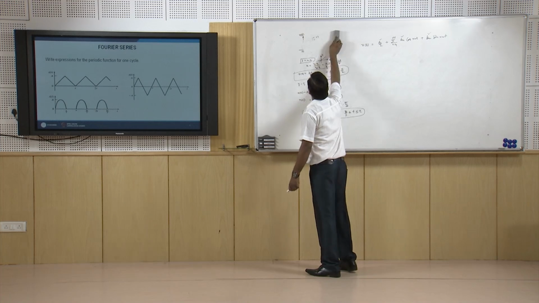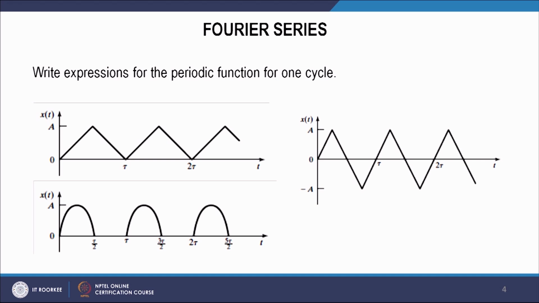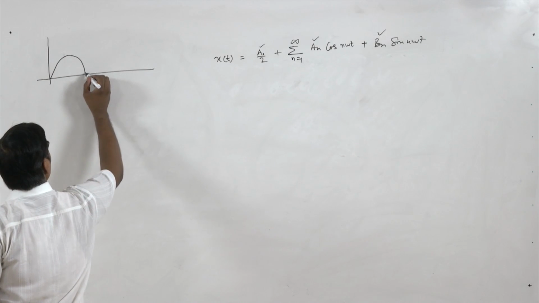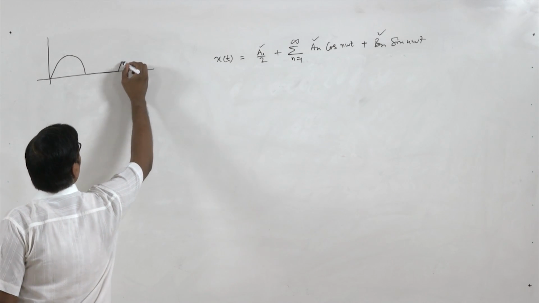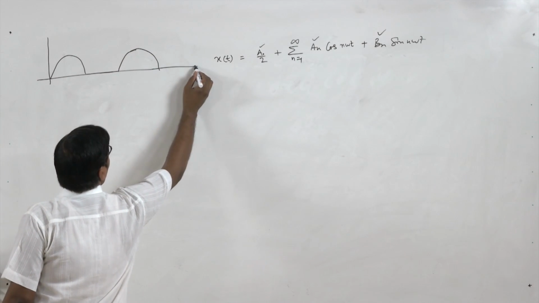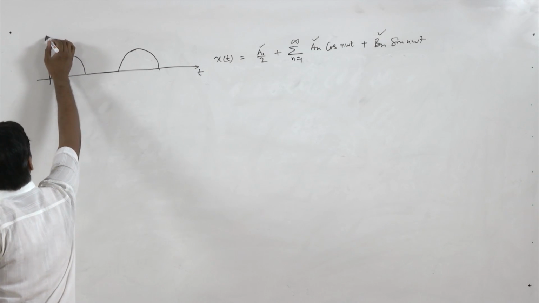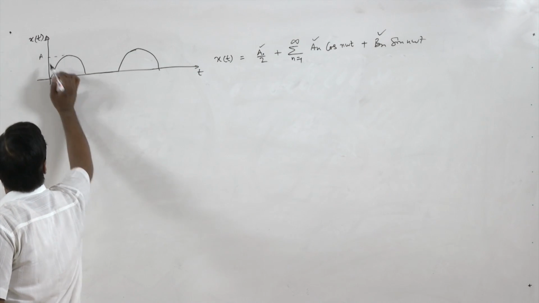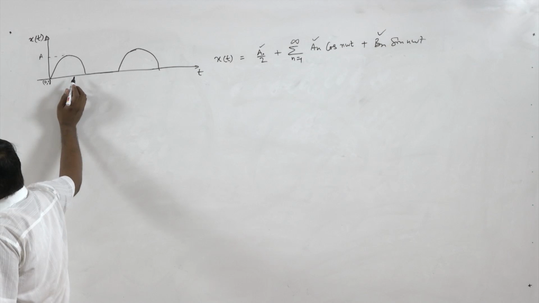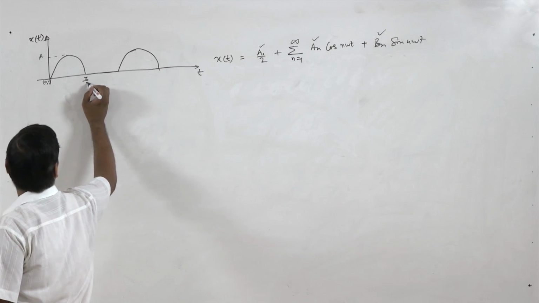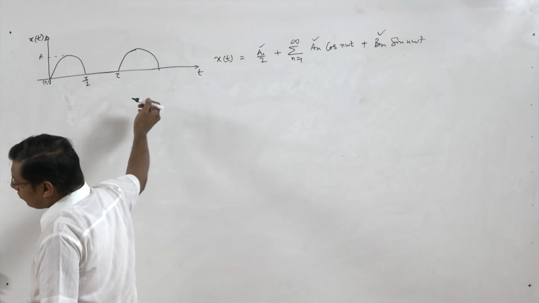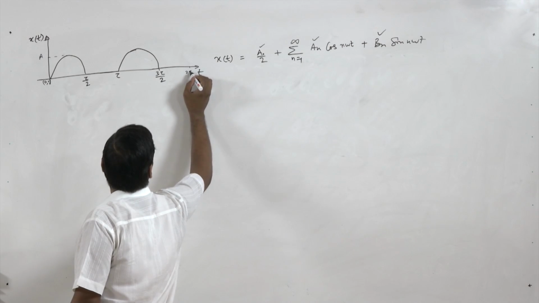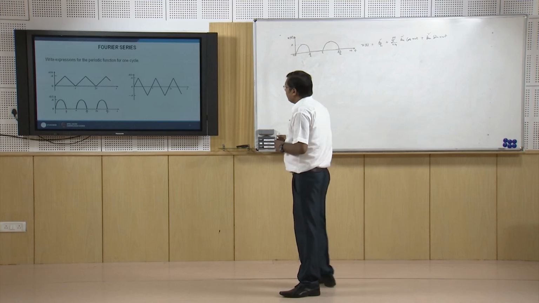Then we take another function. So the second function here is another periodic function.